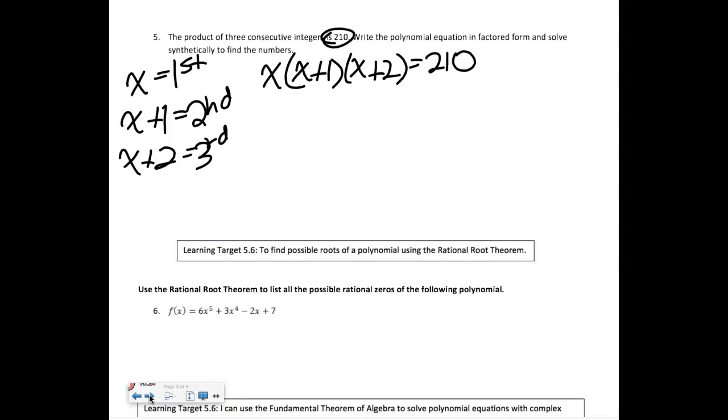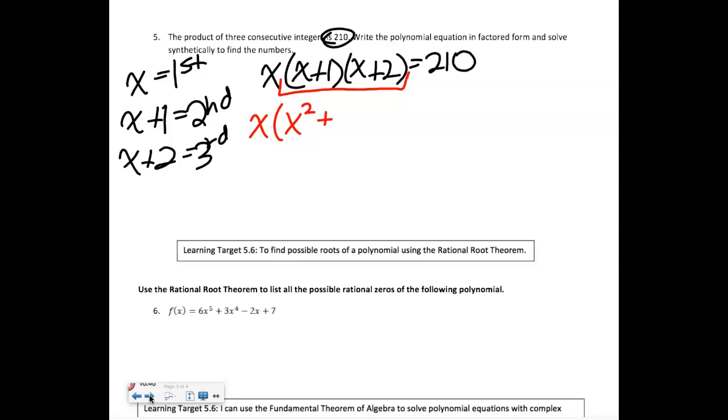Okay. What do we need to do now? FOIL. So I need you to take these two and we need to FOIL them. Okay. So I'm going to have x squared. I'm multiplying my outside stuff, my inside stuff.